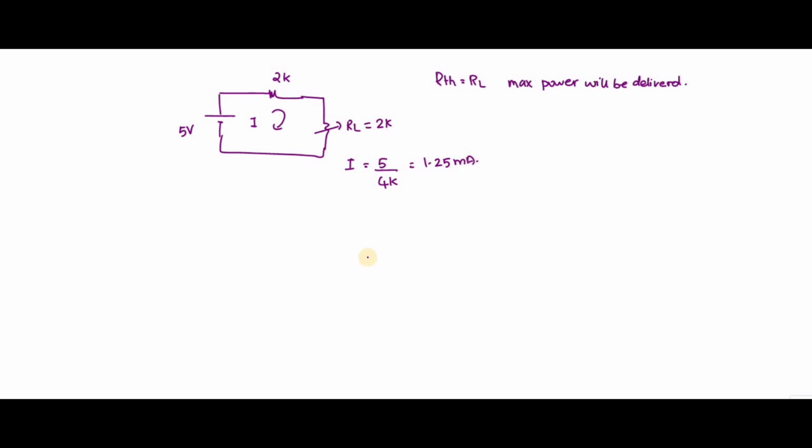So you get the power as I square RL. That is 1.25 milliamps square into 2K. That is nothing but 3.125 milliwatts.